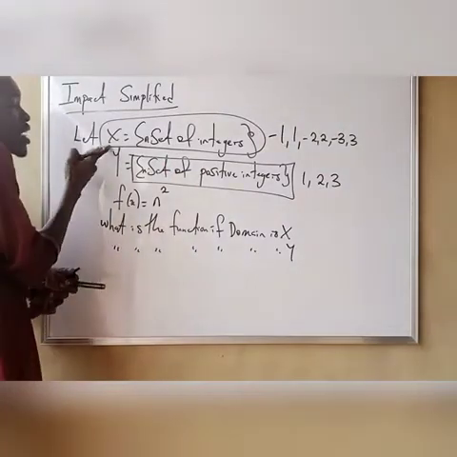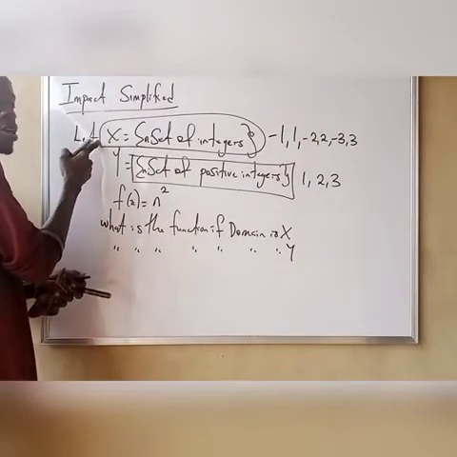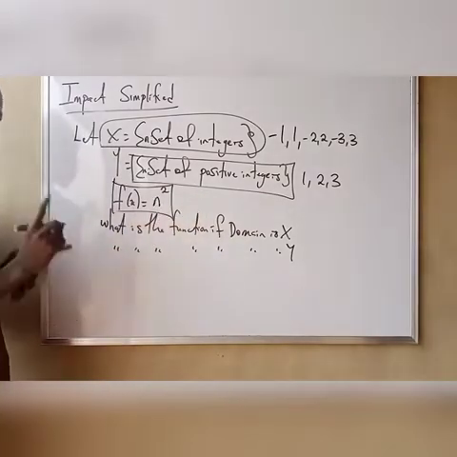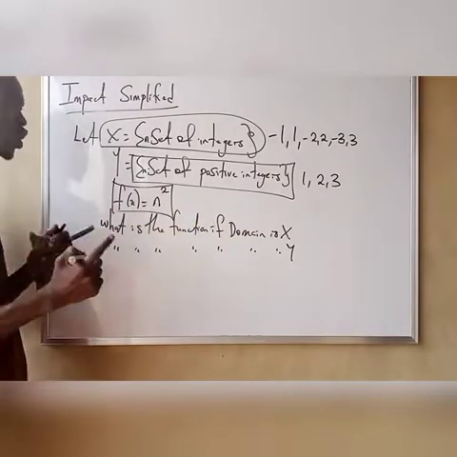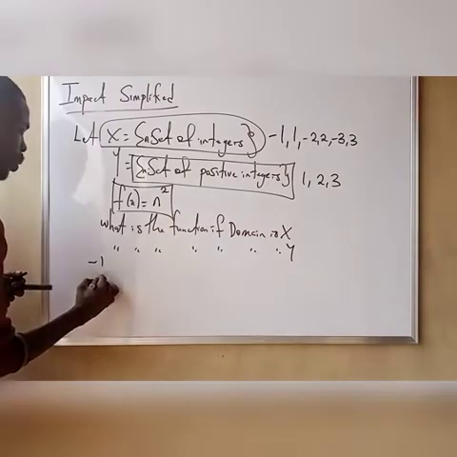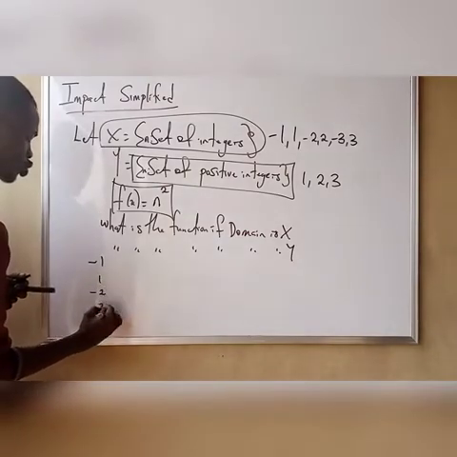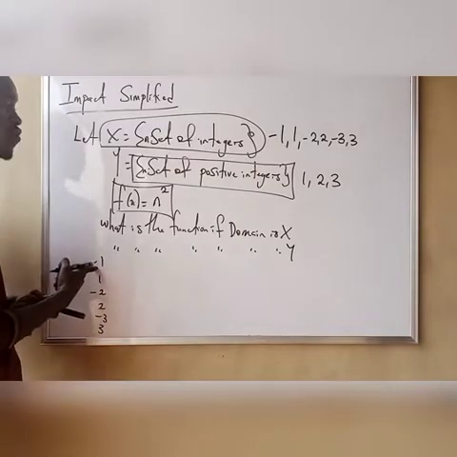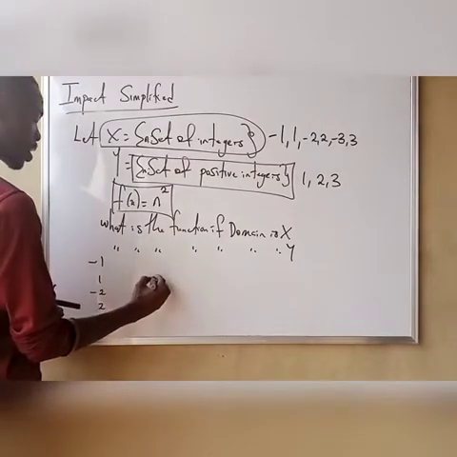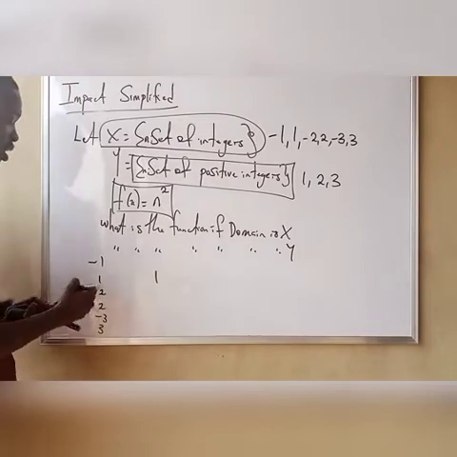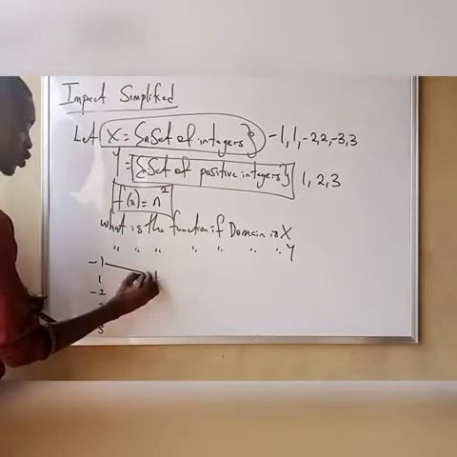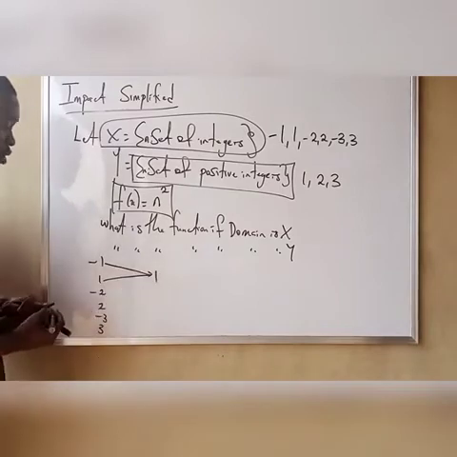Now, so that means if this is your domain, the set of integers, and you are inserting it inside a function, which type of function are we going to have? That means minus 1, 1, minus 2, 2, minus 3, and 3. So if your input variable is minus 1, what is your output variable? We have 1. If your input variable is 1, put 1 here. What do we have? We still have 1. So that means this will be the type of the function.